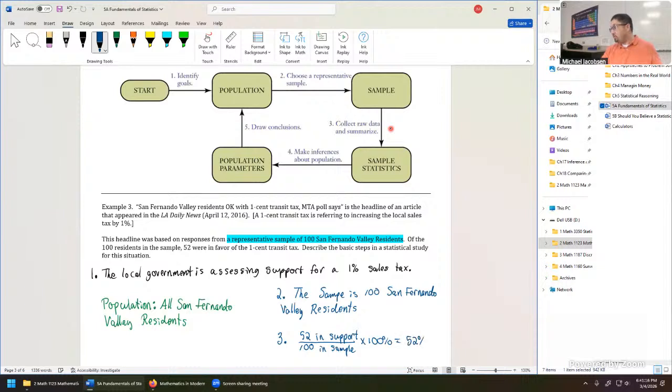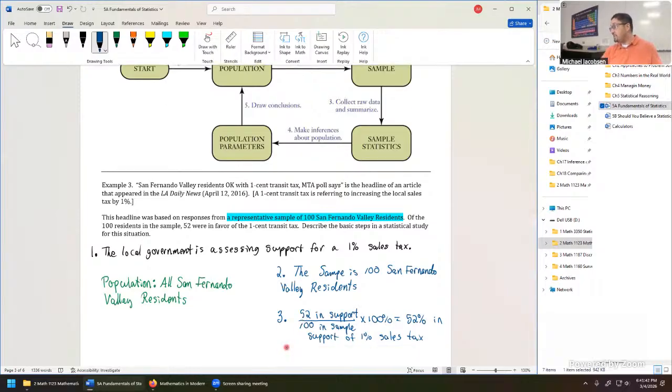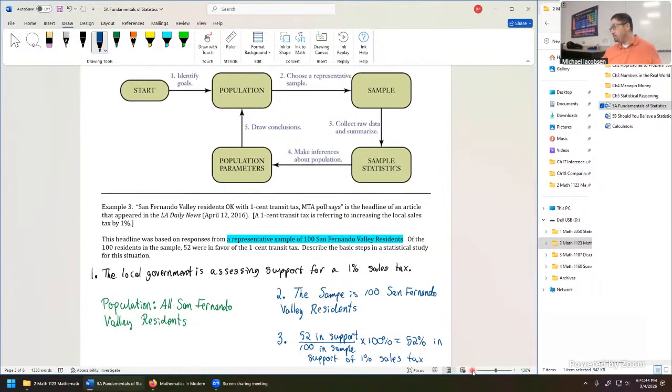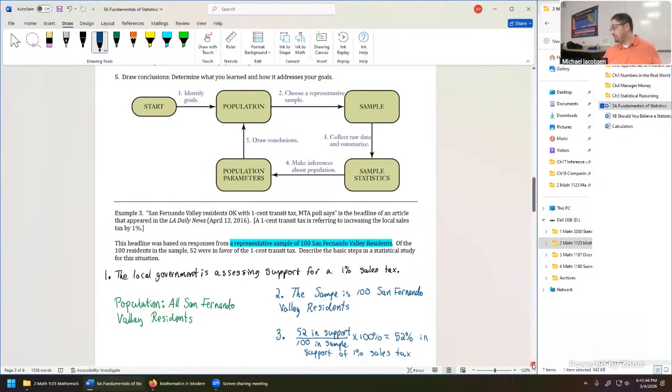And we have now 52% in support of 1% sales tax. So that's collecting the raw data and summarizing. We've just produced a statistic doing the raw data collection and summarizing it in this kind of way. So this is now the statistic. Let me see if I can just zoom out just a touch.